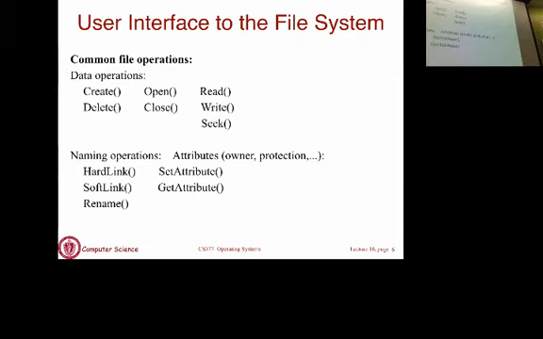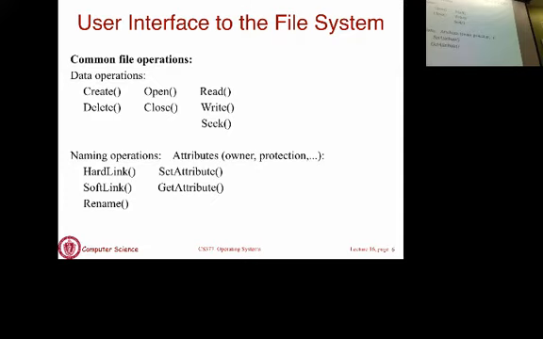And then there are many other system calls that allow you to do other things to files. I mentioned the get attribute and set attribute system calls. So every file has metadata associated with it, which tracks what's the owner of the file, what's the size of the file, what kind of protection information is associated with the file. We'll see some of that in a moment. The get attribute and the set attribute system calls allow you to manipulate this metadata.